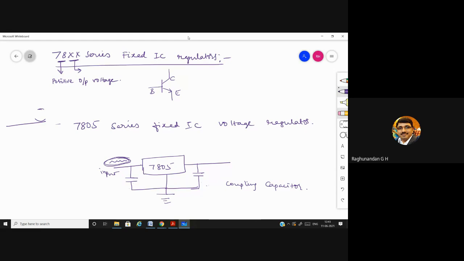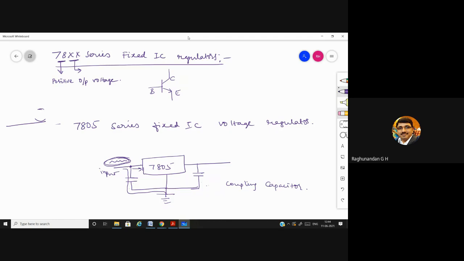So when this signal comes at this point, the AC will go through this and reach the ground. But since a capacitor offers the highest resistance for DC, that DC will move towards the 7805.